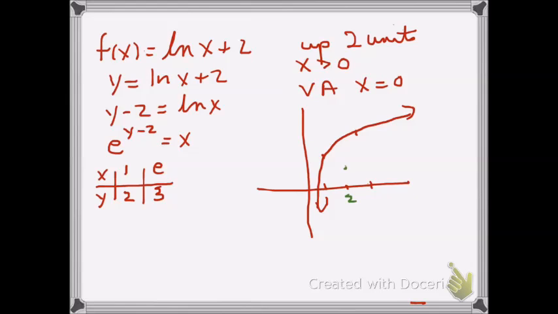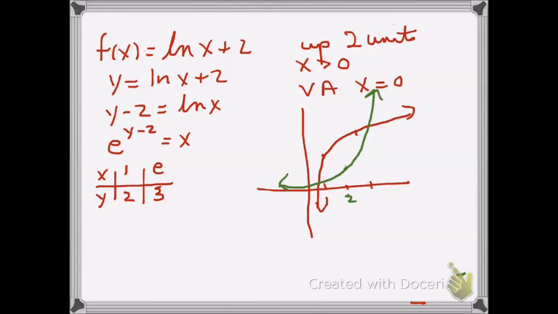Now where we had a vertical asymptote of x equals 0, we'll just use the y-axis. For a vertical asymptote, the horizontal asymptote would be the x-axis, so we'll be coming up from here and going up this way.